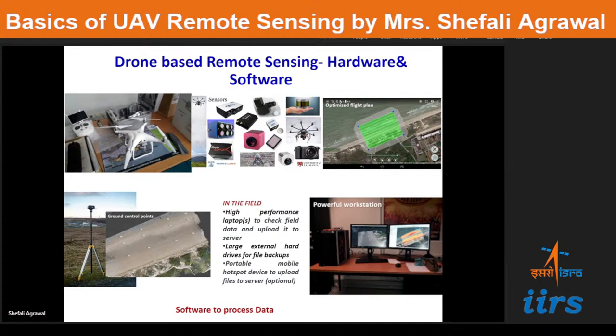If it is not, then you need a good DGPS system or an RTK system on the ground, where you can collect GPS ground control points along with the time when you are collecting the data from drones, and use these ground control points to georeference your data. Then you need a powerful workstation, because the volume of the data collected from these drones is very large. So you need a high-end workstation to process these data sets along with specific software.